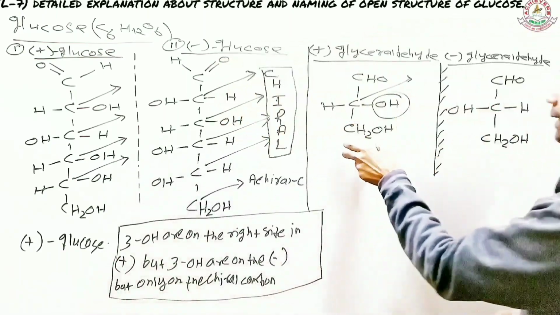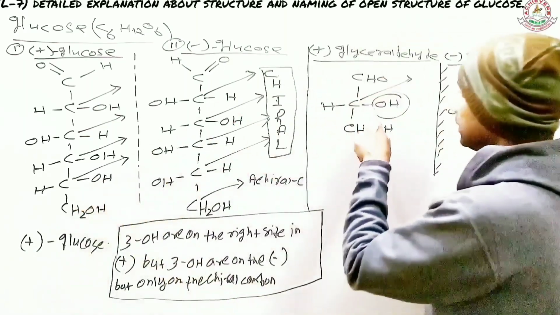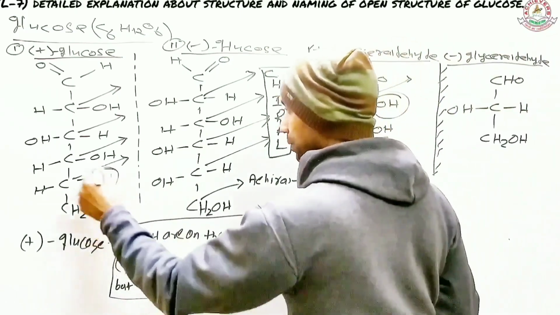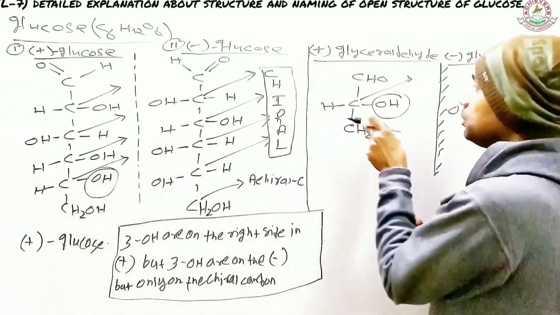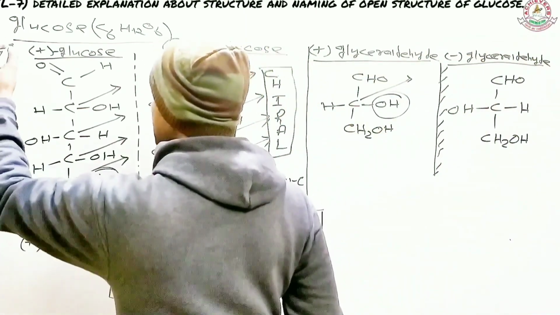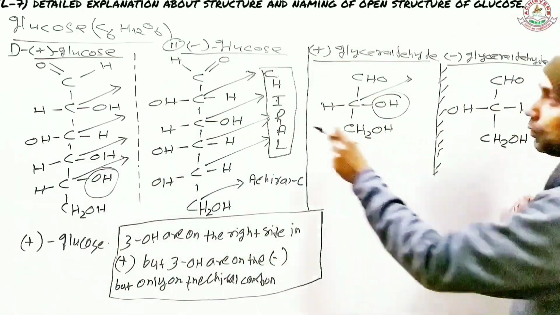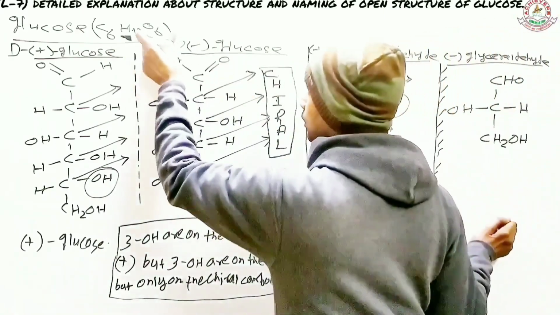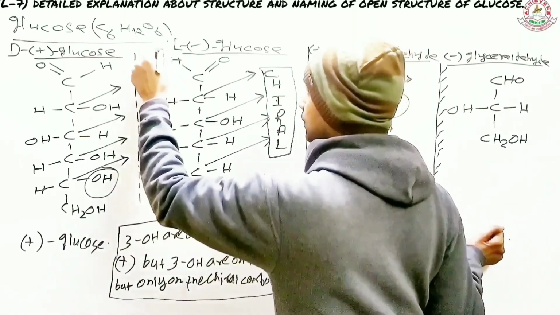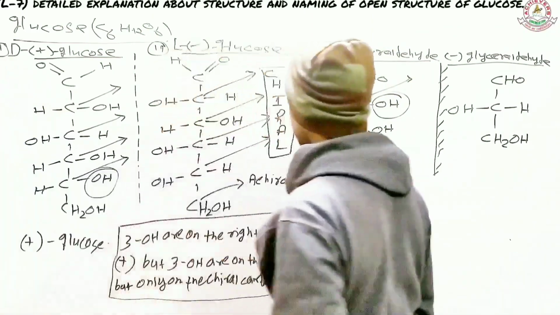Because this compound and this one had something similar, the second carbon with OH on the right side, because glucose had something to do with this molecule, this glucose is also assigned D before its name. And this molecule is similar to the levorotatory glyceraldehyde, so this has an L before its name, right? So this is your second structure of glucose, and this is your first structure of glucose.